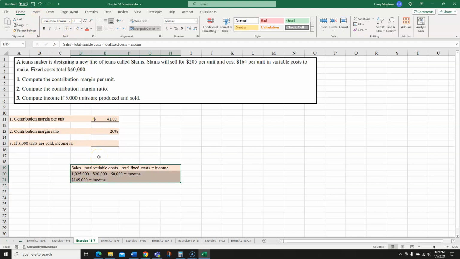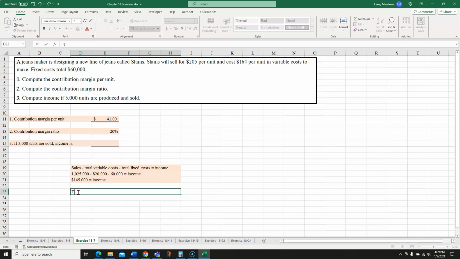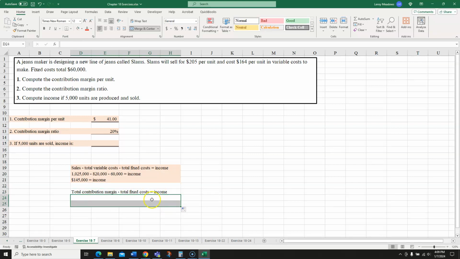Now, there is another way that I could actually approach this. I could approach this as total contribution margin minus my total fixed costs equals income. I already know from earlier calculations that my contribution margin per unit is $41.